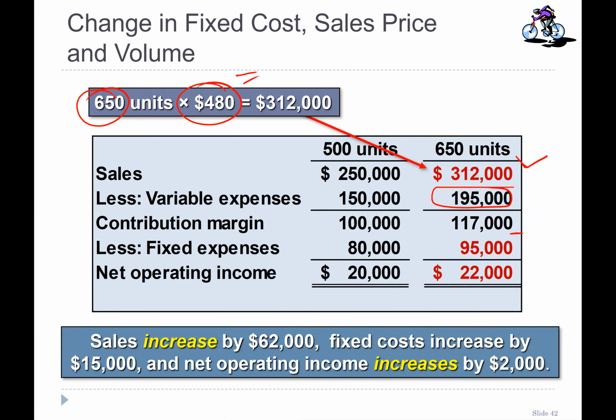Look at that. There is an increase in sales by 62,000, but the profit is only increased by 2,000. So from these three examples, what have you learned?